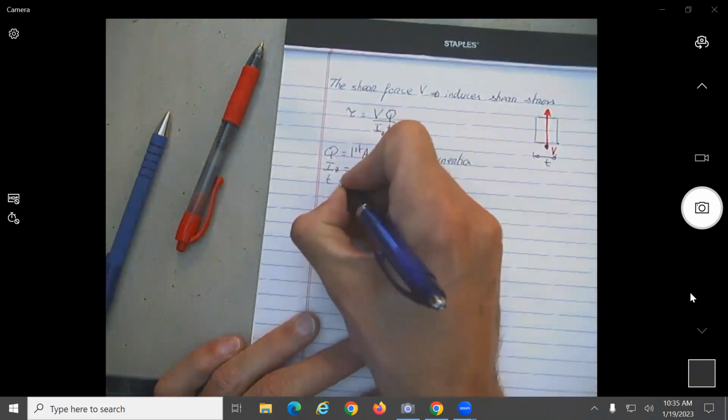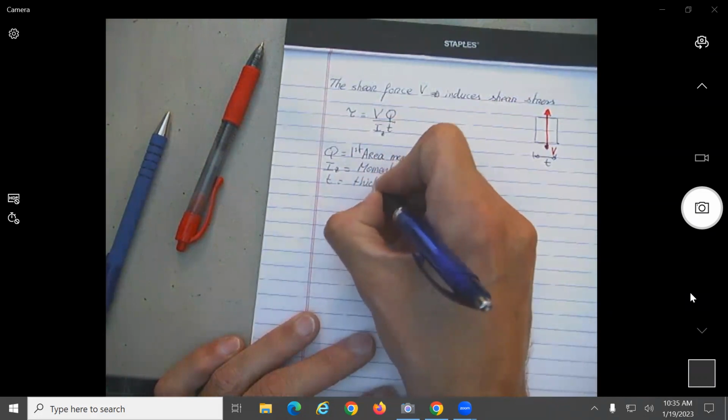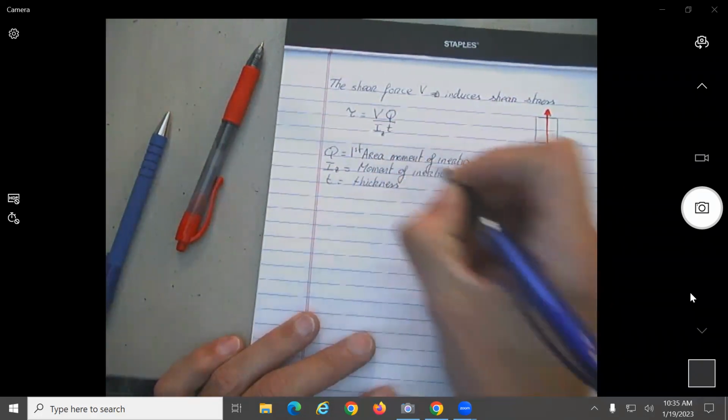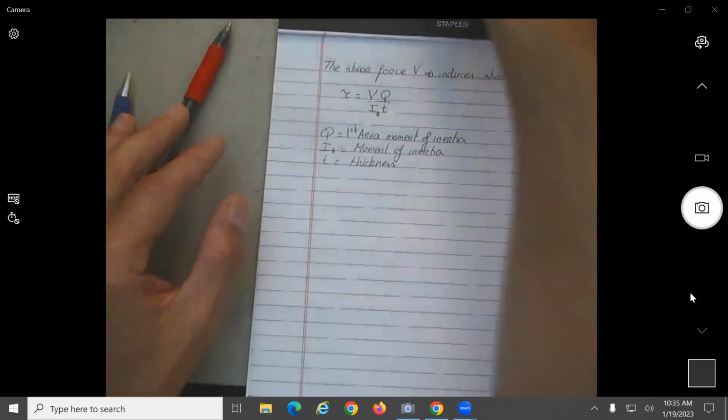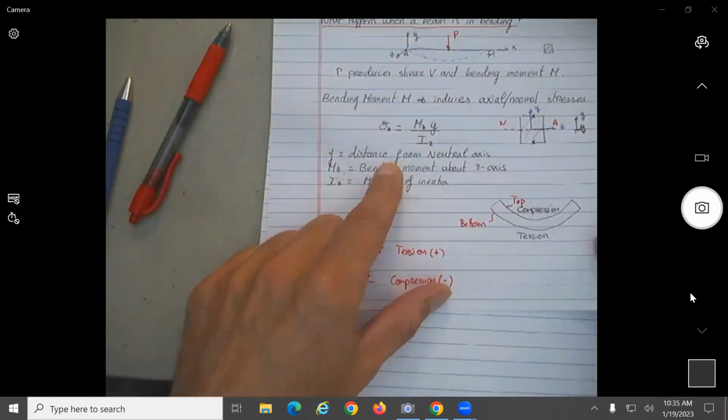And t is the thickness. Okay, I will go back into detail on this later on. Now, I want to concentrate more on just the bending, okay?